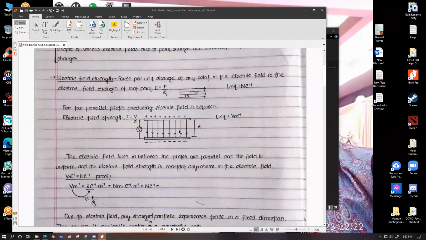And in this case exclusively, the electric field strength at any point of this electric field, important, any point, can be given by V by D, which means wherever you measure it, you're going to get the same value given by V by D.